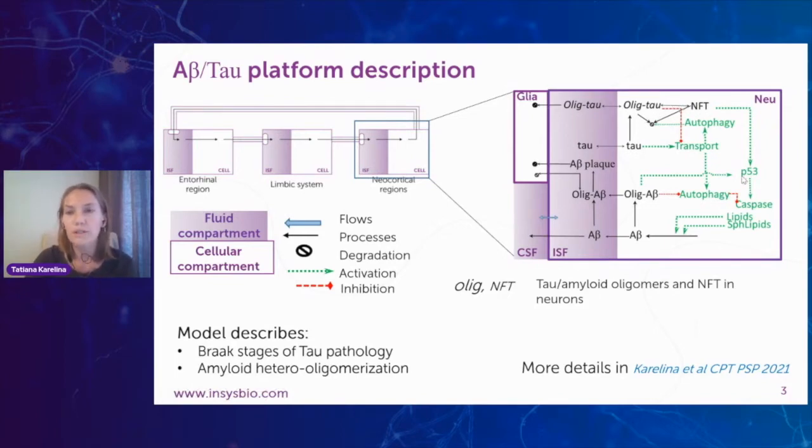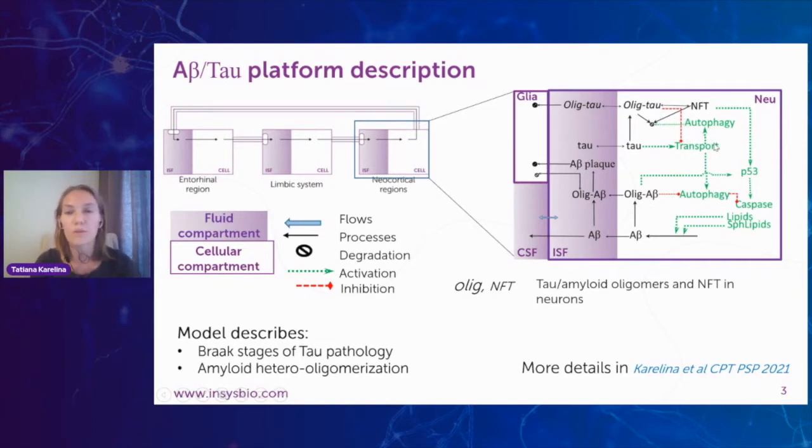An important point in our model is the key role of tau protein in regulation of transport, because it is a microtubule stabilizing protein, and transport regulates the autophagy process, which is a key process for degradation of toxic waste in the cell. This is a very simplified sketch of the model.